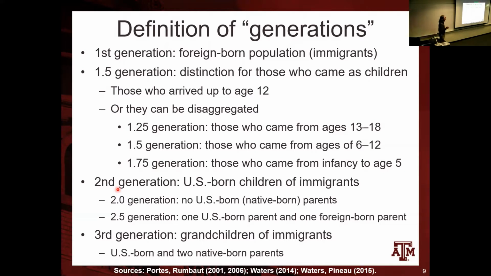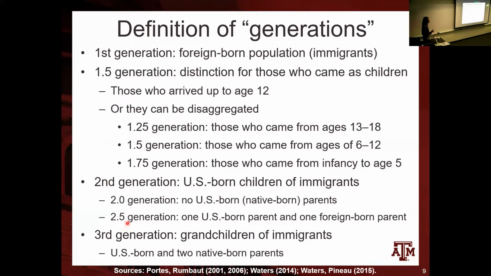If none of them were born in the US, both parents were born outside of the US, they migrated here, and then they had the children here, those children will be classified as second generation, as the one that we have here.